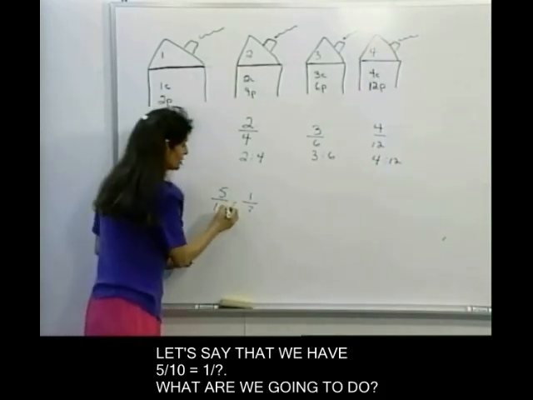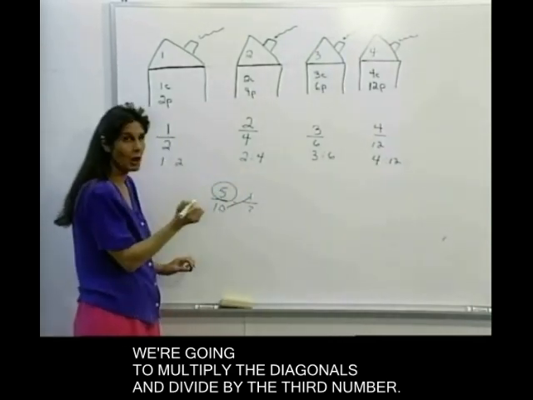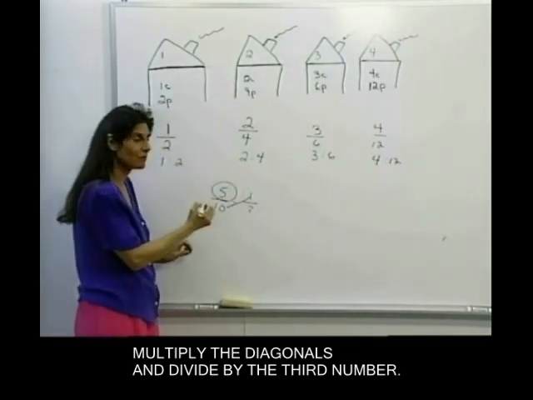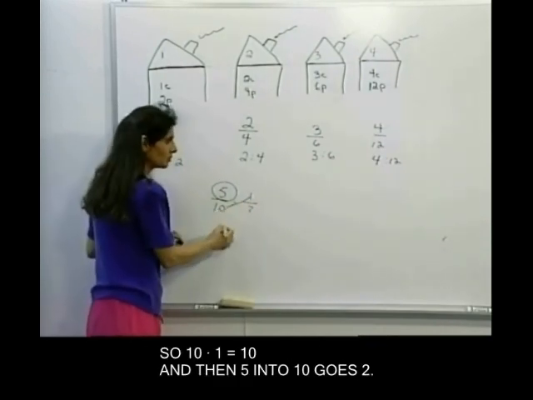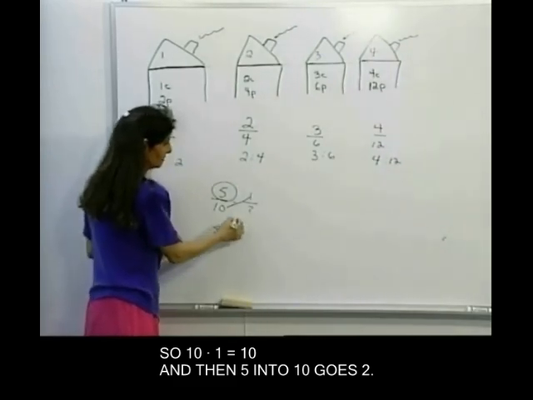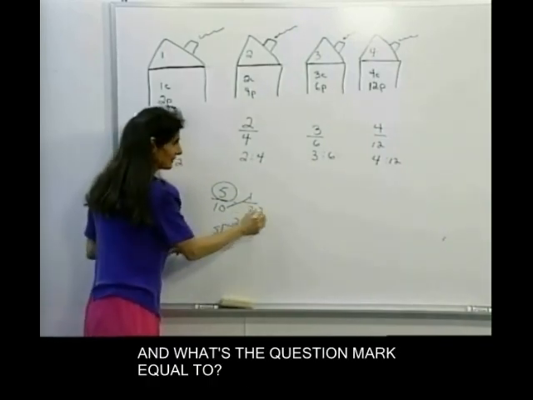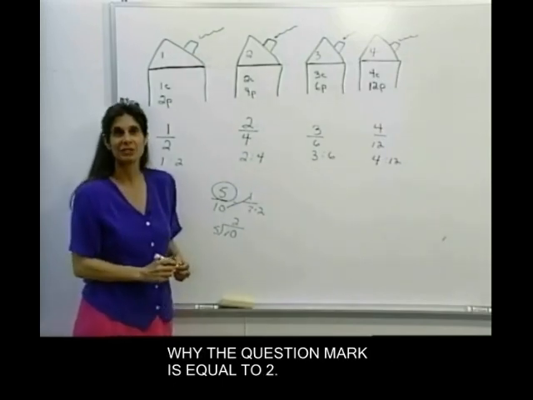What are we going to do? We're going to multiply the diagonals and divide by the third number. So 10 times 1 is 10. And then 5 into 10 goes 2. And what's the question mark equal to? The question mark is equal to 2.